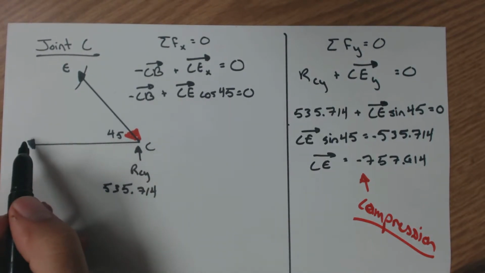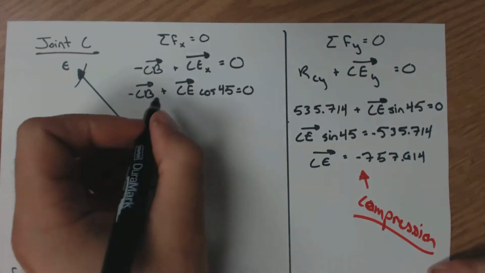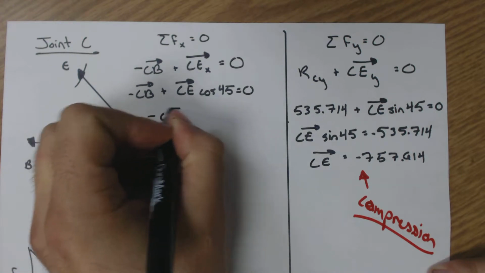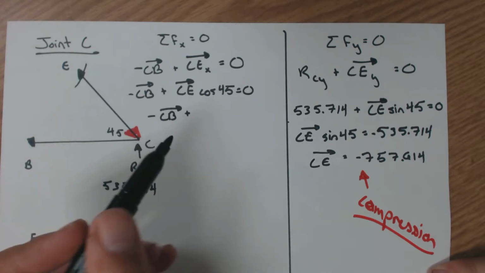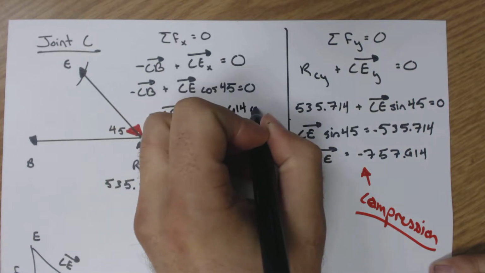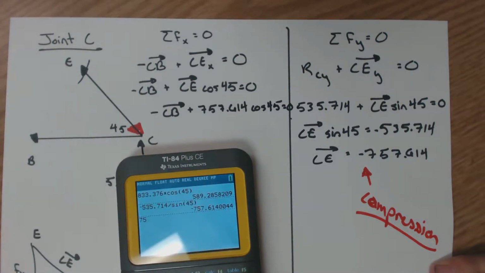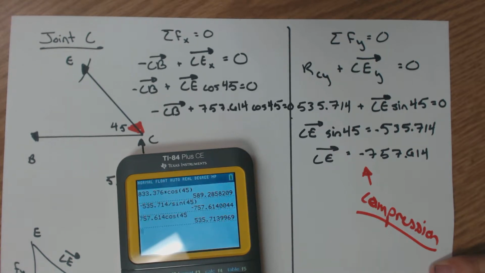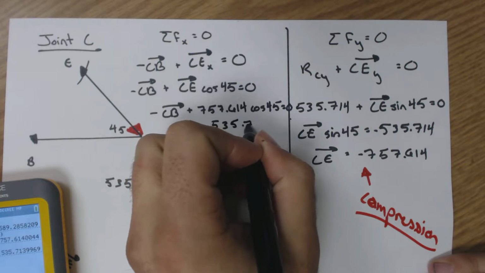Since CB is going in the left direction, I'm assuming that it's going to leave the joint, then these should be negative forces. So I have negative CB plus, and since CE is going towards the right, it's a positive force still. Positive 757.614 times cosine 45 equals 0. 757.614 cosine 45 gets me 535.714.